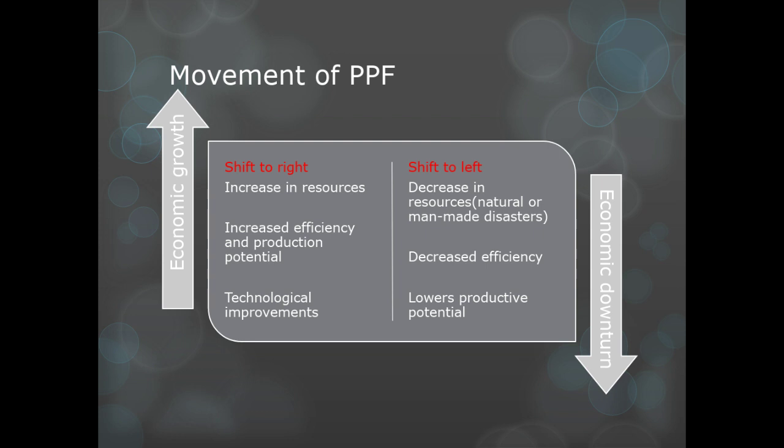And you can see some factors which will lead to a backward shift: the decrease in resources, and natural and man-made disasters. War is a man-made disaster, while a tsunami or earthquake are natural disasters. These will lead to a backward shift, as will decrease in efficiency and lower productive potential. So these are various reasons for a backward shifting production possibility frontier.